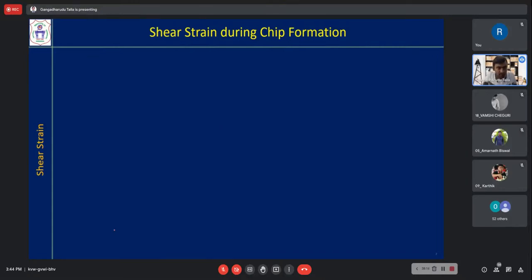Now the next one is, once you know R and phi, you can find the shear strain during chip formation. So the material is getting strained, then only the chip is getting formed.